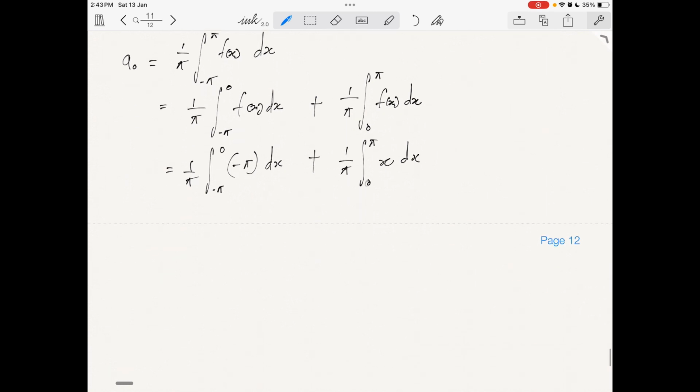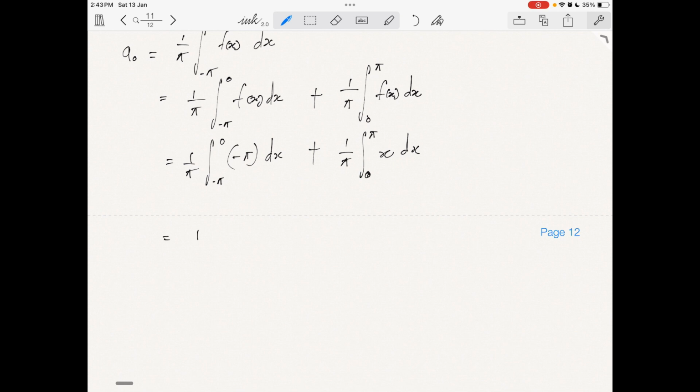So we can now solve these, and we have 1 over pi integral of minus pi to 0 of minus pi dx plus 1 over pi integral of 0 to pi of x dx.